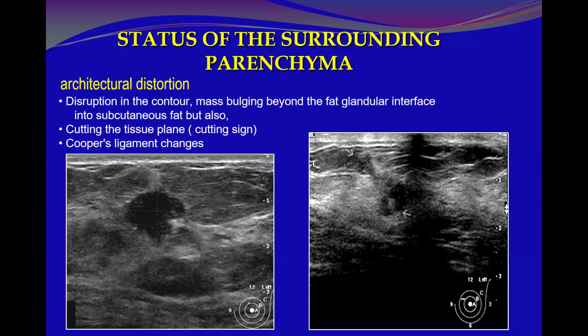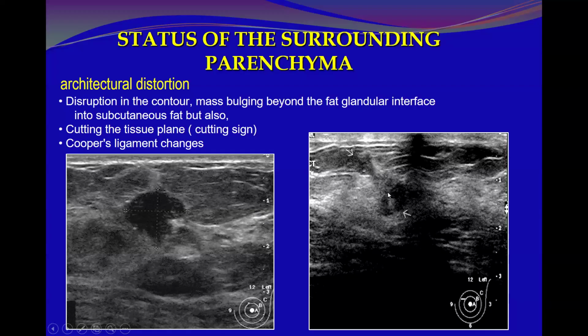But while bulging, these are cutting the surface. Can you see the tissue at the interface here is being cut by this mass? This is the most suspicious feature: cutting the tissue plane while bulging.